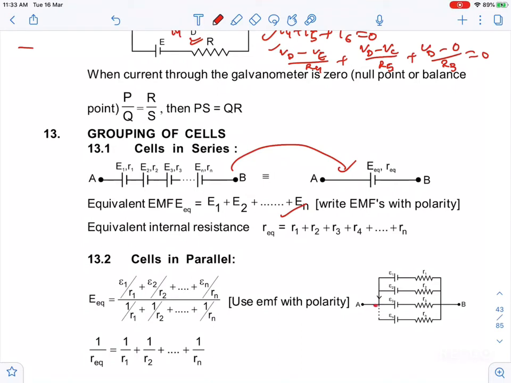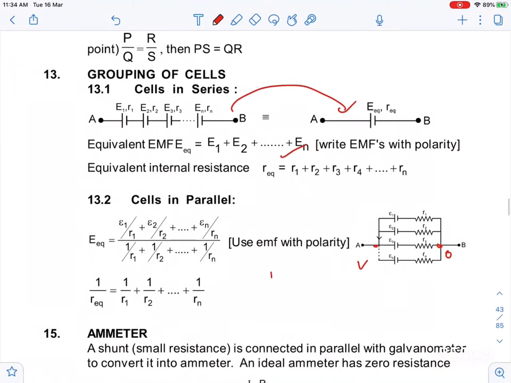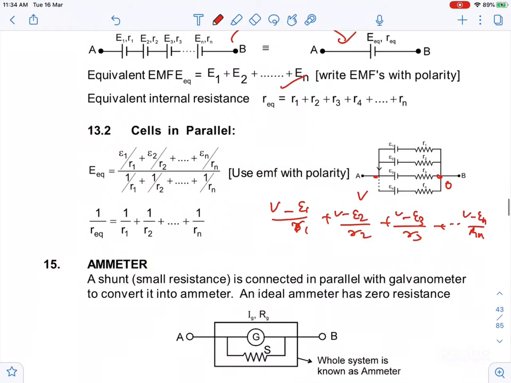Now resistance in parallel, this is very important. You can also solve this by nodal analysis. Let this voltage be V and this voltage be 0. Suppose this battery is E1, so (V minus E1) by R1 plus (V minus E2) by R2 plus (V minus E3) by R3 up to (V minus En) by Rn is equal to 0.